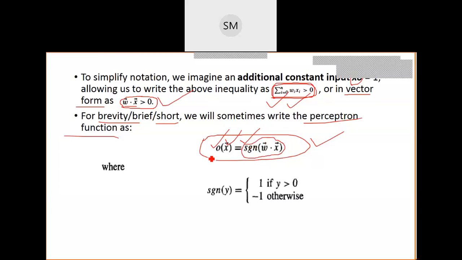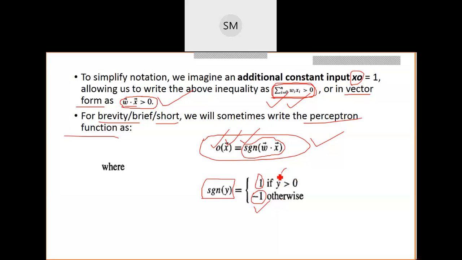So here now we will see what is this sign. The sign of, suppose if the equation is like this, sign of y, what does it mean? Sign of y will be plus 1, and it may be minus 1. It will be plus 1 if that y value is greater than 0, and if that y value is less than 0, then it will be minus 1. That's all.